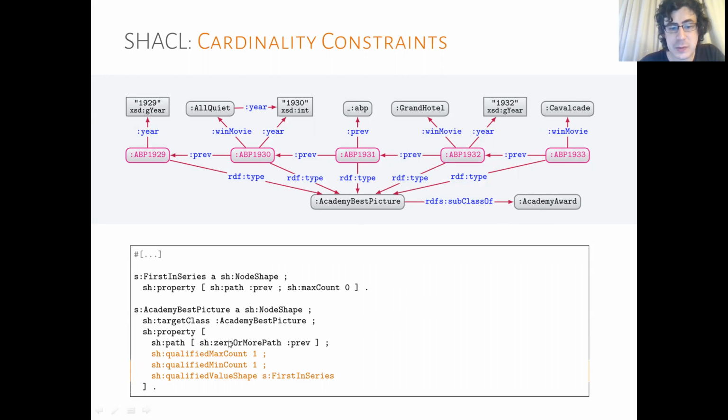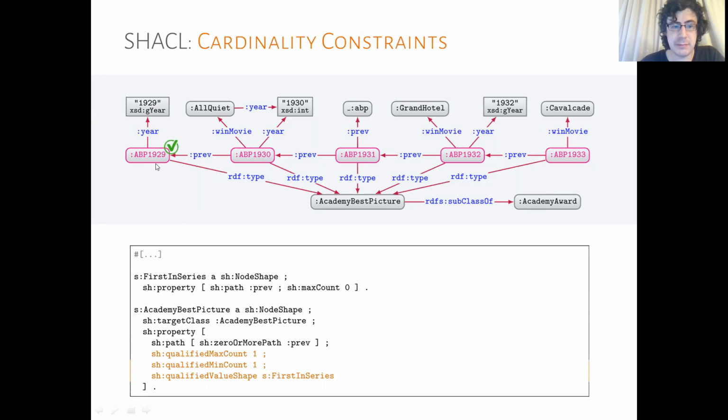Okay. So since we define 0 or more path, again, this node is included in the path of itself. So it itself also has one previous. So we can go through this and have a look. So this one here is satisfied.